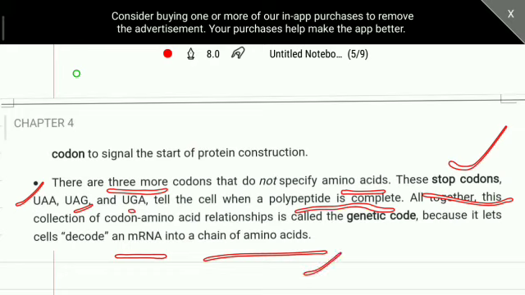When the information in the mRNA is converted into amino acids, that process is called translation. We will see that in the next video.